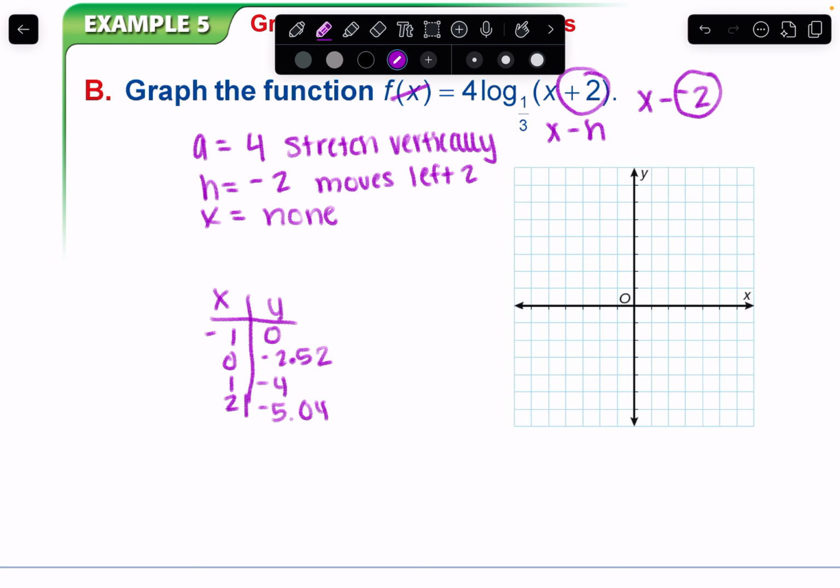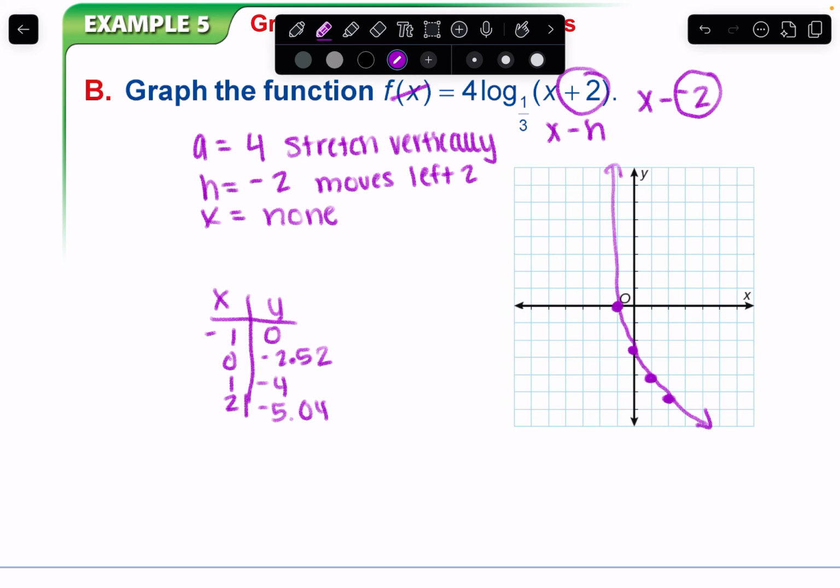So going and graphing these, I would have -1, 0, then 0, -2.5 would be around here. 1, -4 is going to be at this point, and then 2, -5.04 would be in that general area. So your graph will look like this.